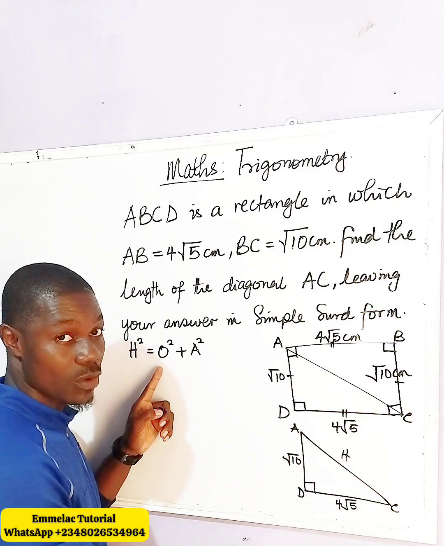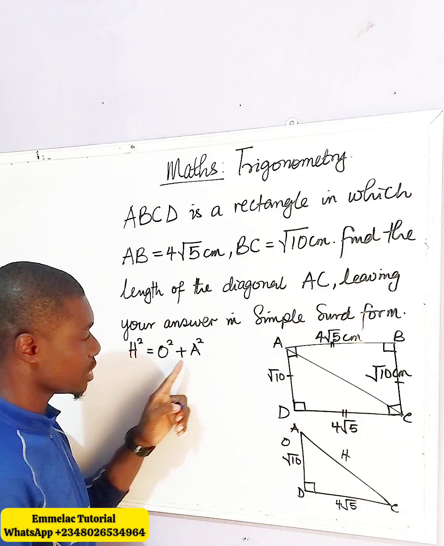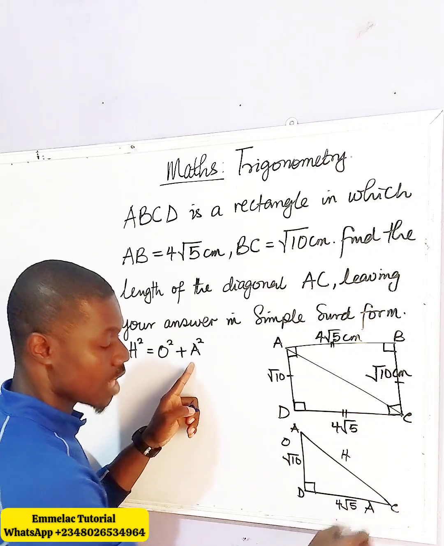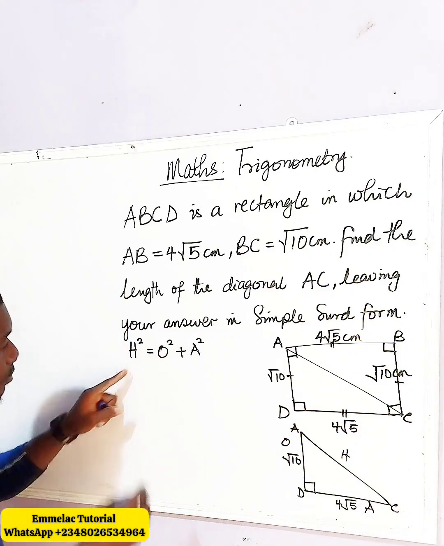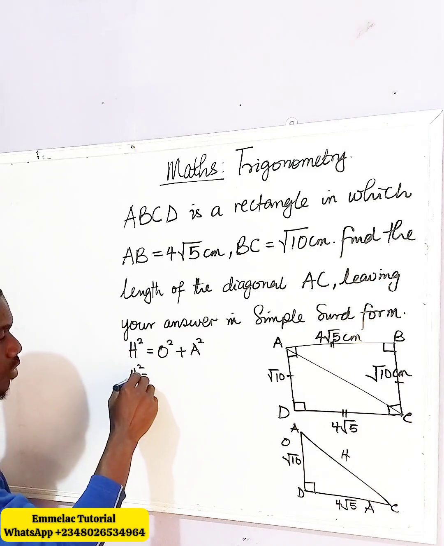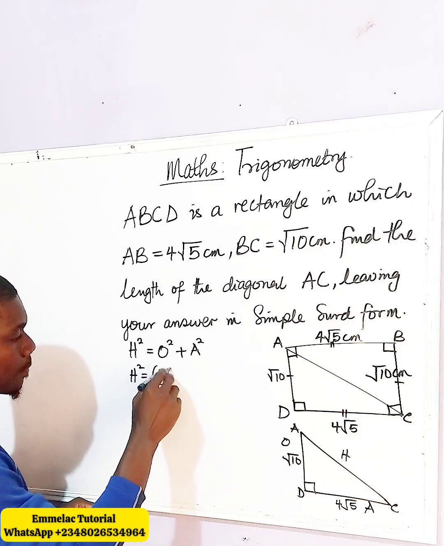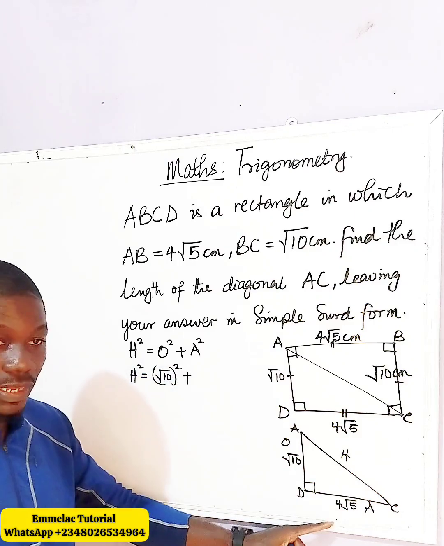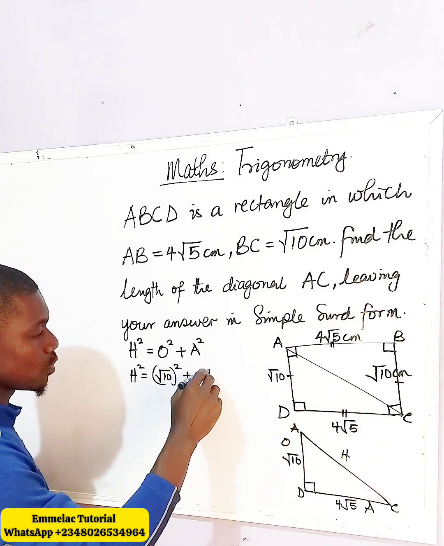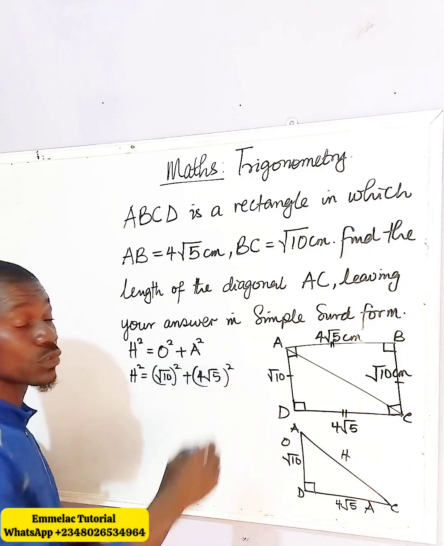It all depends where the angle is coming from. So let us just make this one opposite, and this one adjacent. So to this end, we have h squared equals root 10 all squared, then here you have 4 root 5 all squared.